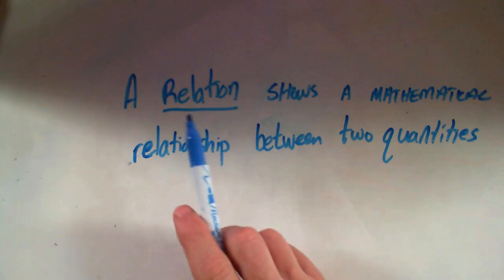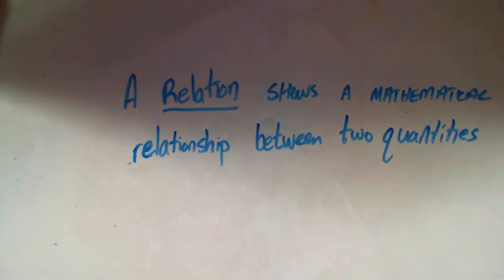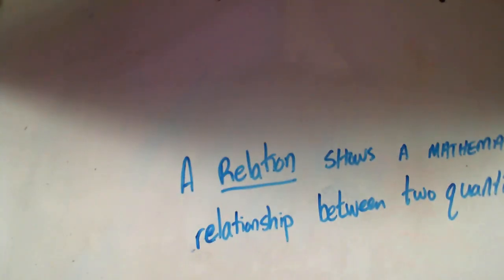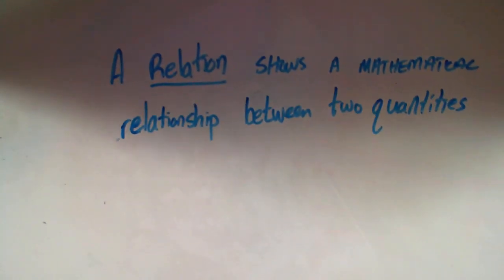A relation is something that shows a mathematical relationship between two quantities. We don't really talk much about relations except for the fact that a function is a special type of relation.